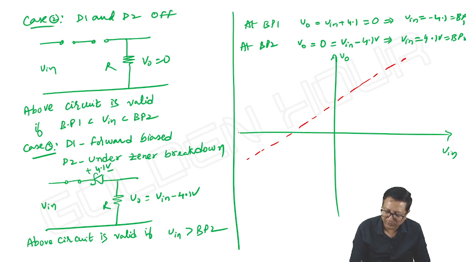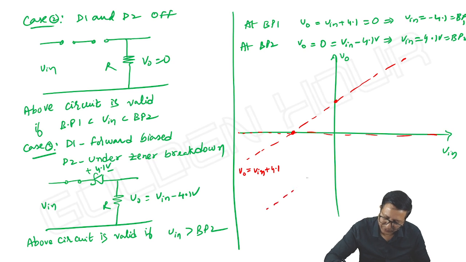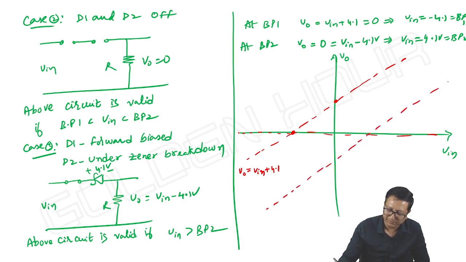It is like y is equal to x plus 4.1. Intercept on y-axis is positive. And second one is output is equal to 0, which means it is the x-axis. Third one is output is equal to input minus 4.1. Its intercept on y-axis is negative.